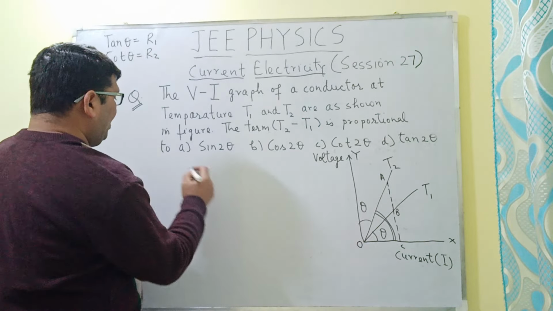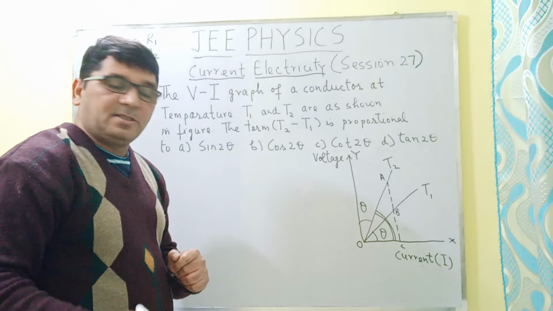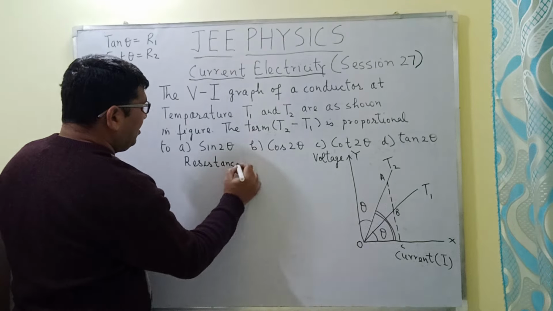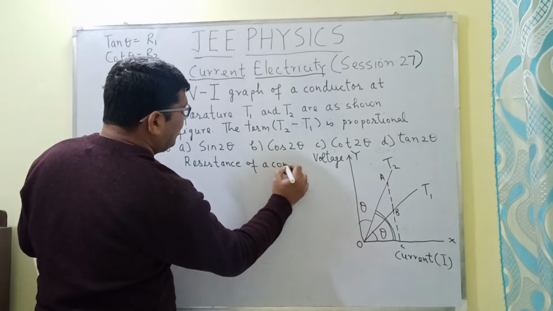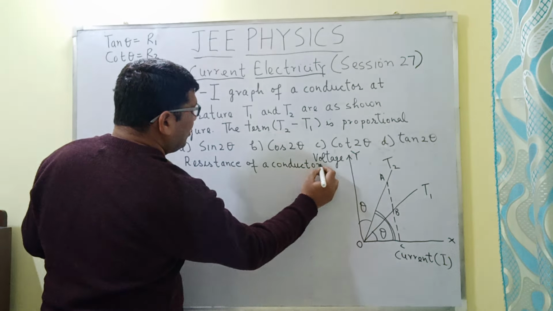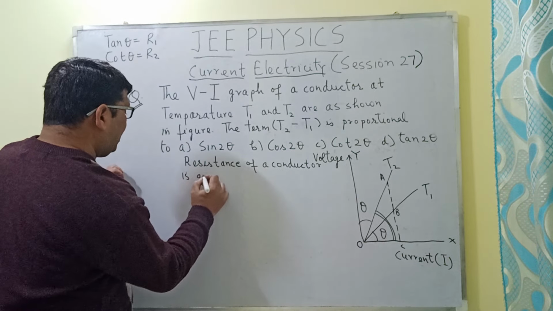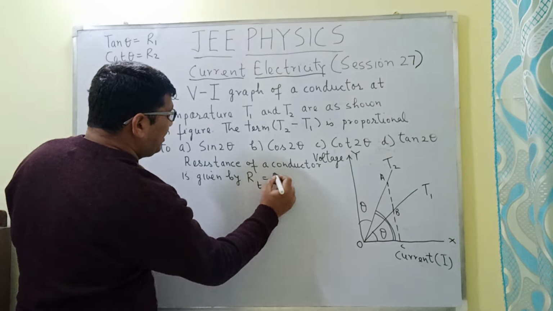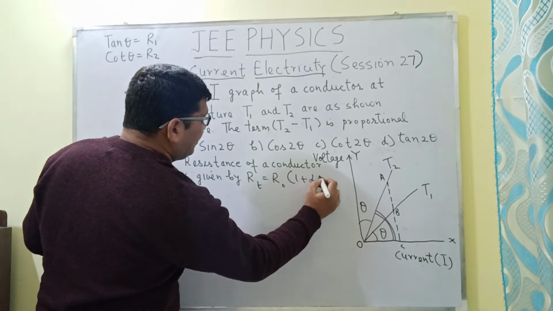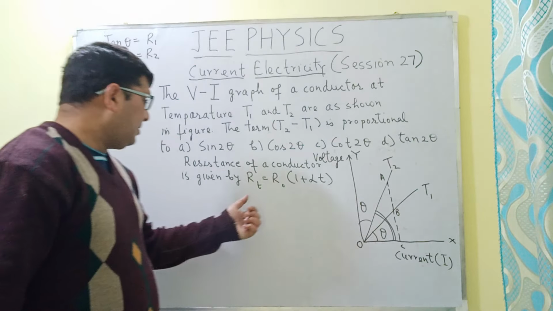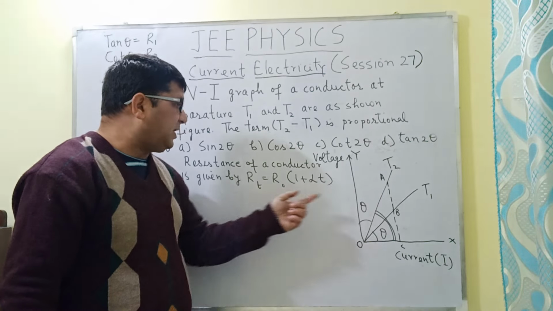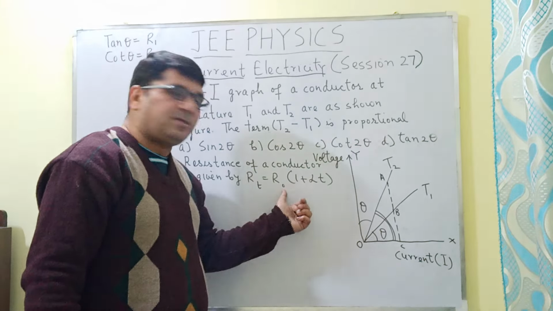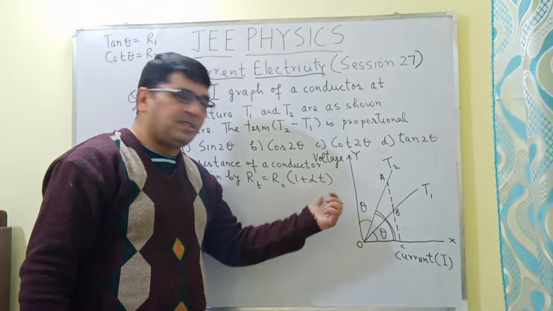Now we also know that the resistance of a conductor is also given by Rt is equal to R0 (1 plus alpha t), where Rt is the resistance of the conductor at temperature t, R0 is the resistance of that conductor at 0 degree centigrade, alpha is the temperature coefficient, and t is the temperature.